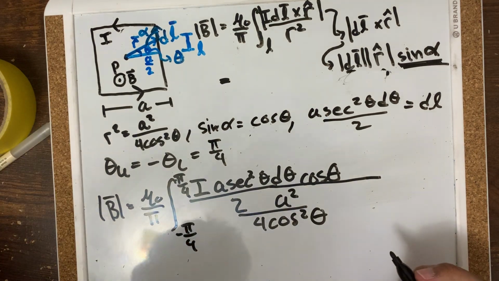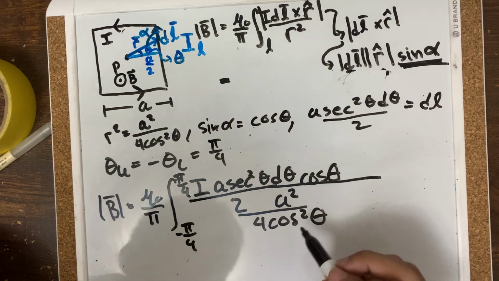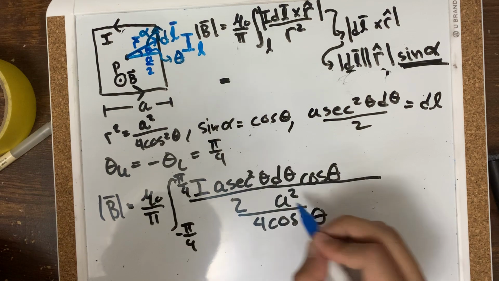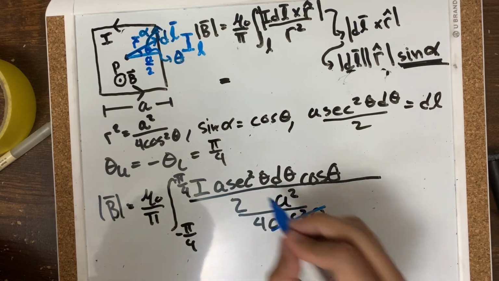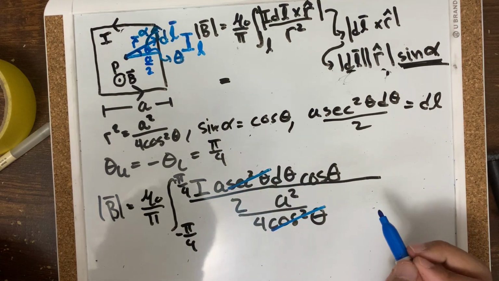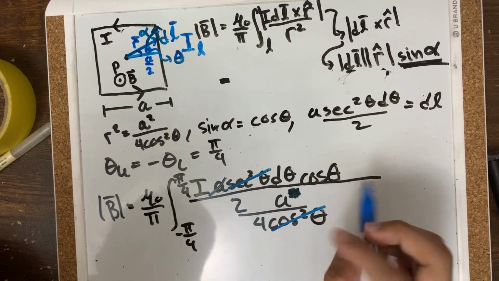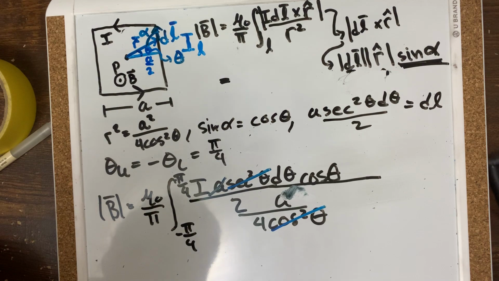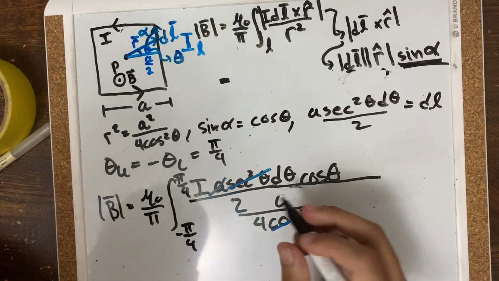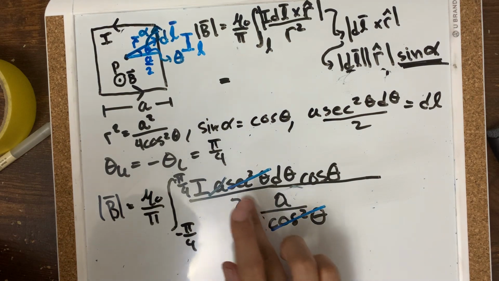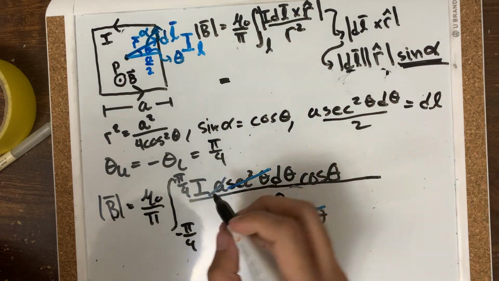And as you can see, a lot of our terms do cancel out, so I'll start doing that with a blue marker. So cosine squared and secant squared do cancel out. And then a and a squared, this will reduce the exponent to 1. And then this 2 and 4 will cancel out. Put 2 on the top.